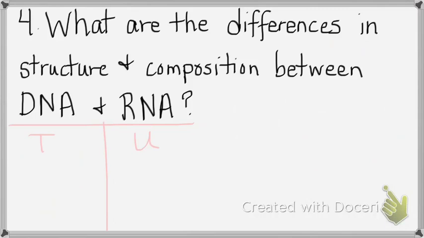Okay, then earlier today we said that DNA has deoxyribose. But RNA doesn't have deoxyribose, it has ribose. And then earlier today you could tell that was DNA and this was RNA because double-stranded and single-stranded. Good.